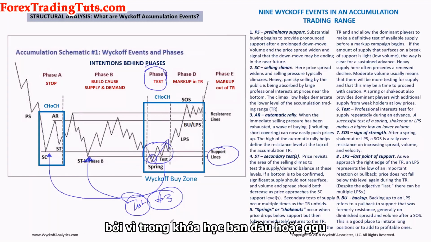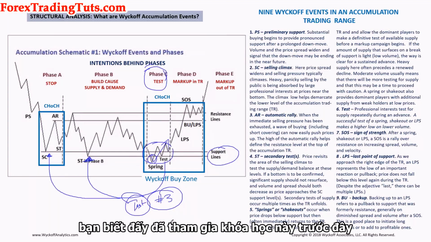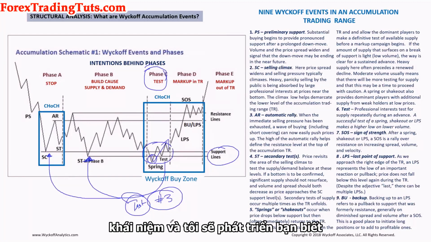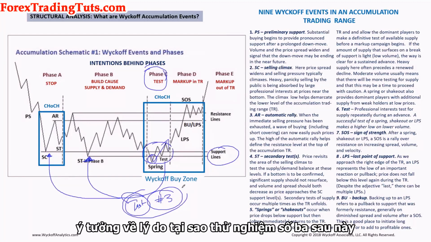Because in the original course or GGU course, or whoever you took this course from before, there is no mention of this. But I wanted to create some shortcuts for you guys in order for us to understand the concepts. And I will develop the idea of why test number 3 later on.